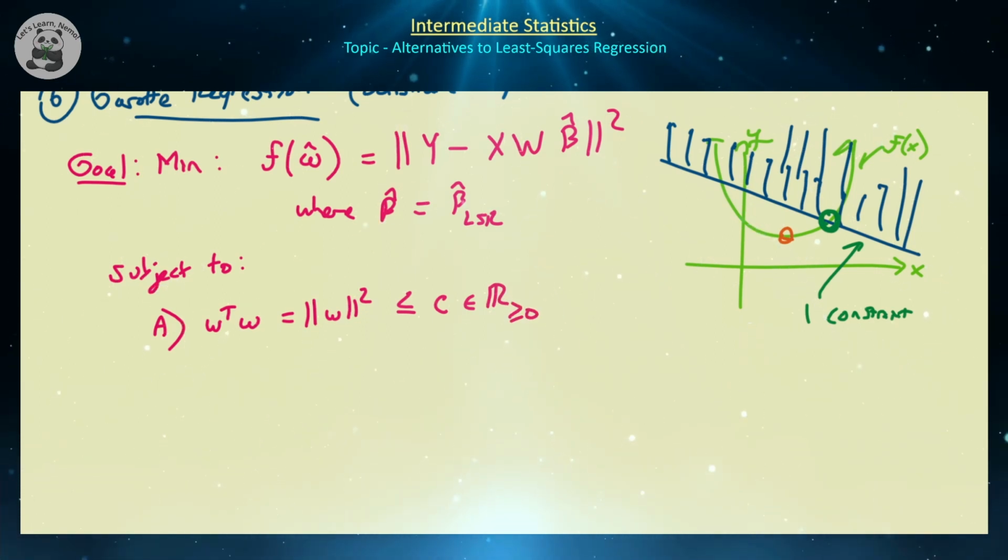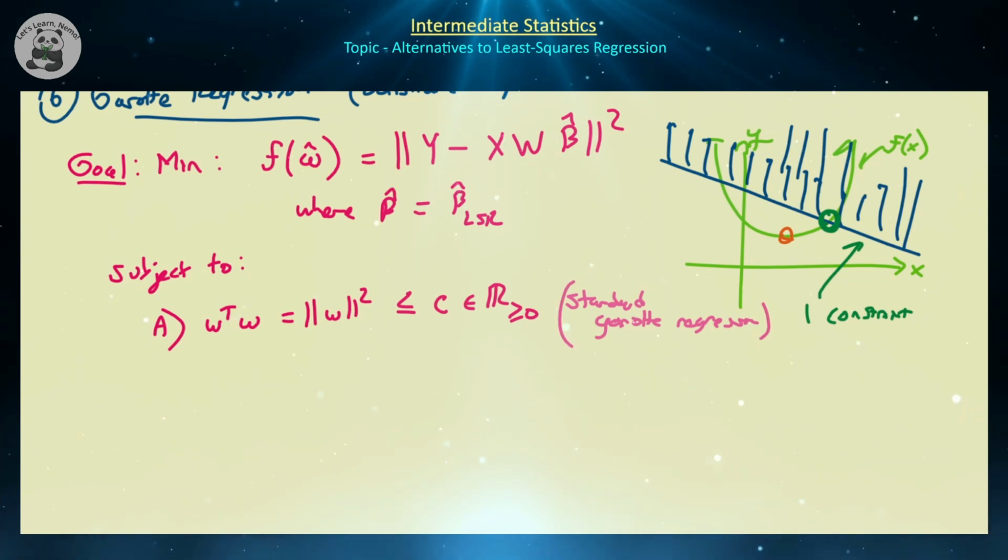Obviously it should be greater than 0, but you can take it to be equal to 0 if you really want to. This is known as the standard Garotte regression. Right? So minimize this functional with respect to that constraint.